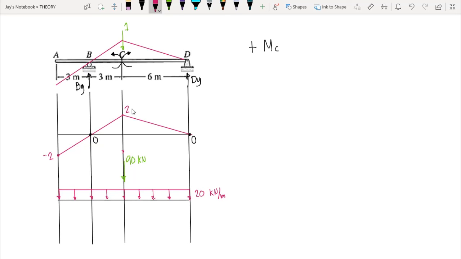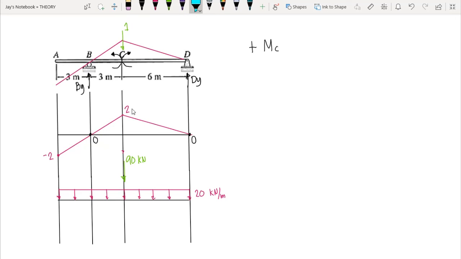Now for our uniformly distributed live load, which is 40 kilonewton per meter, the procedure is the same as with the shear one. We place our uniformly distributed live load under the positive area under the influence diagram. In this case, this is our positive area.